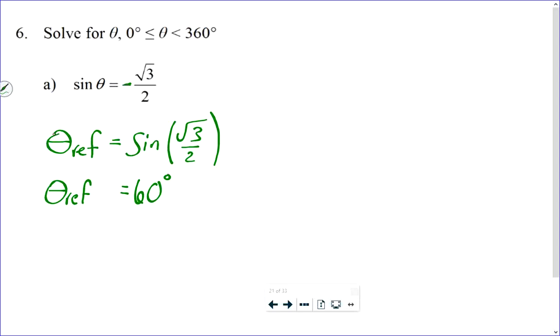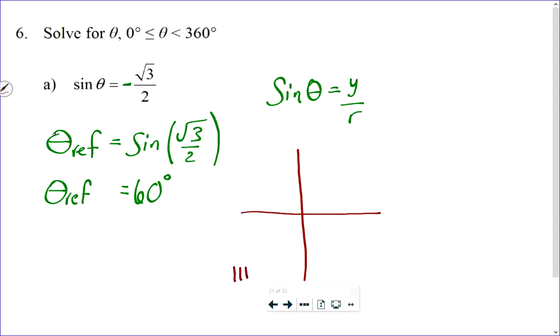You're told in this question that sine is negative, and sine of theta is y over r. So the only way y over r can be negative is if y is negative, and that means the terminal arm lies either in quadrant 3 or in quadrant 4, where the y-coordinate is negative, and you sketch 60 degrees, and I've done a very poor job of sketching 60.